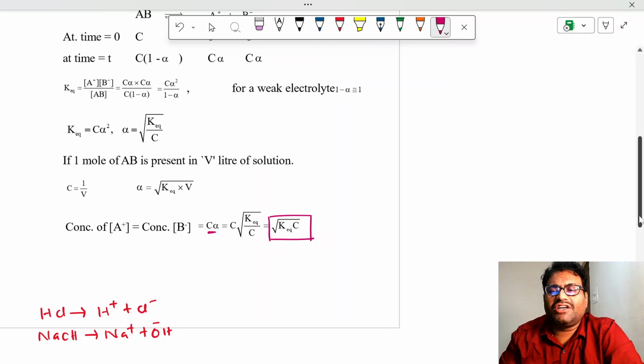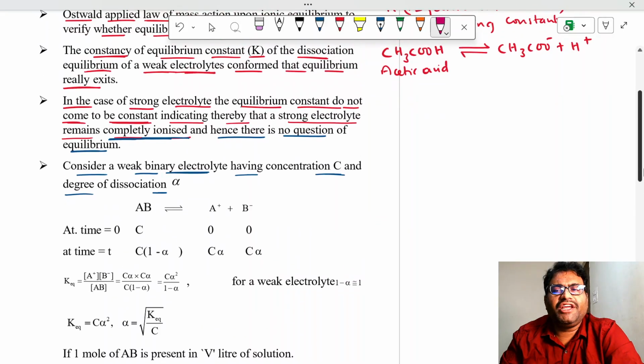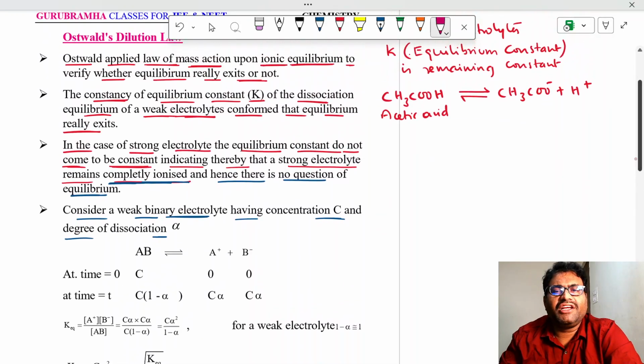So based on this Ostwald dilution law, we study the ionization or dissociation of a weak electrolyte. Let us see that.